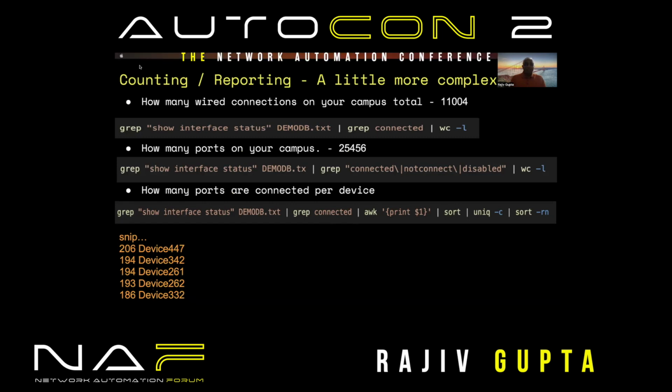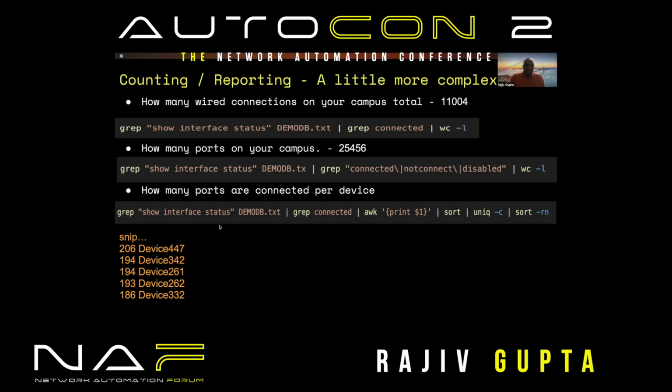That's going to tell me how many interfaces I have total on my campus that are connected. If I want to see all of my interfaces, I look for all of the states of my interfaces on the show interface status command, and then I can also count that.